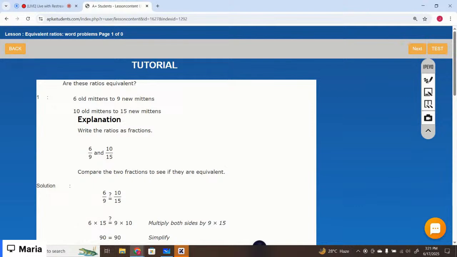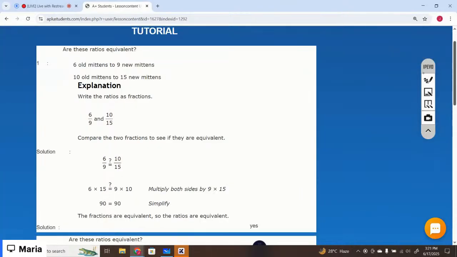Now this ratio is equivalent to 6 meters to 9 meters and 10 meters to 15 meters. That is 6 by 9 is 10 by 15. So 6 over 9 equals 10 over 15.